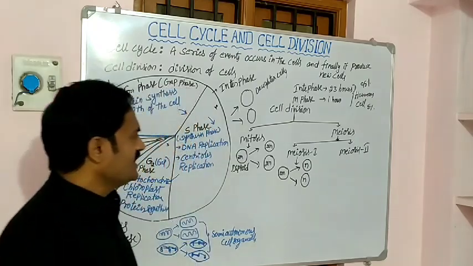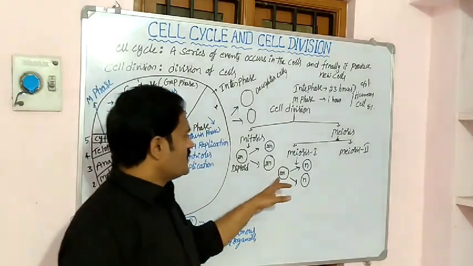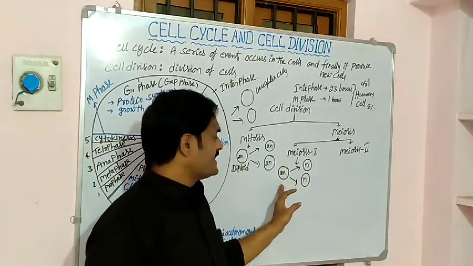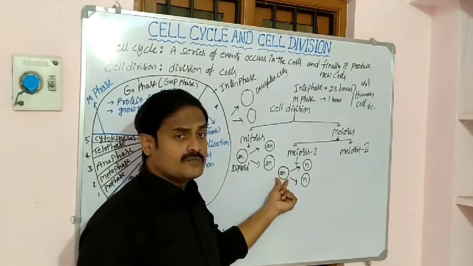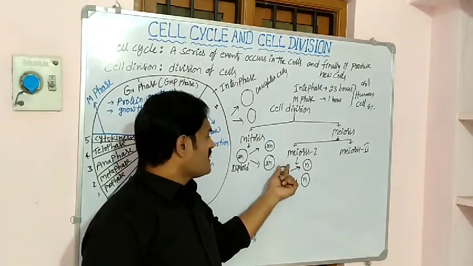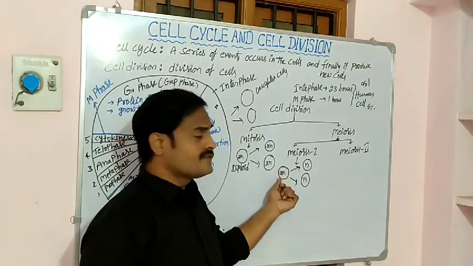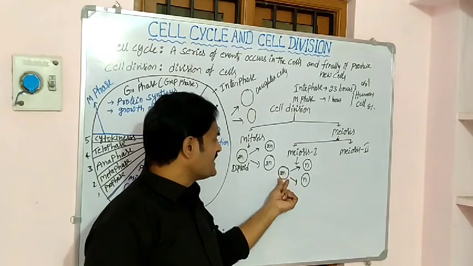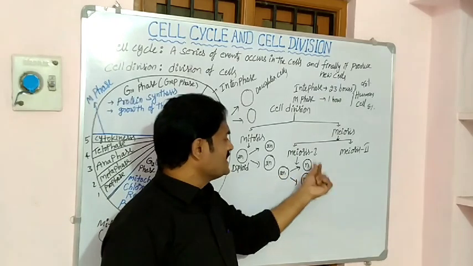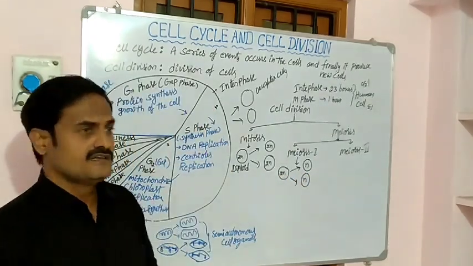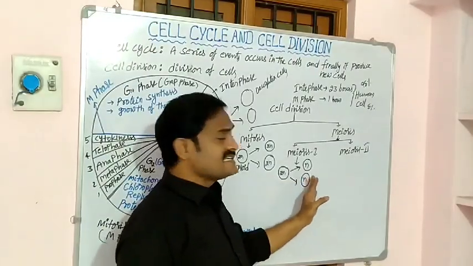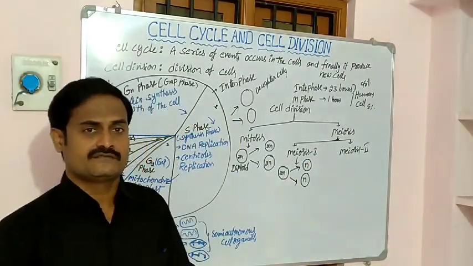The parental chromosomes, only half of the number of chromosomes, are given to the daughter cells. So for that reason it is a reductional division.